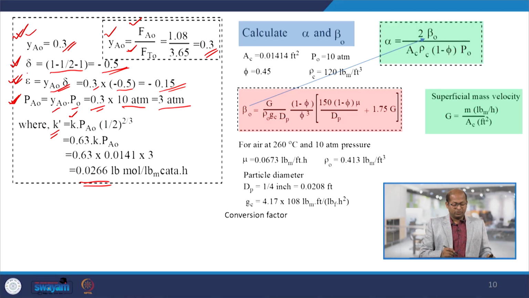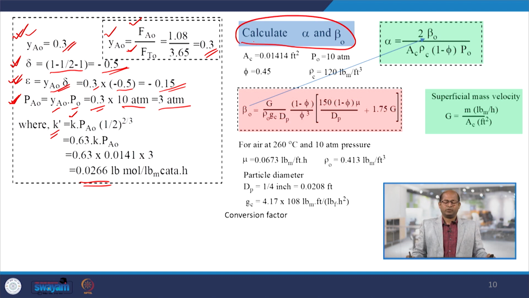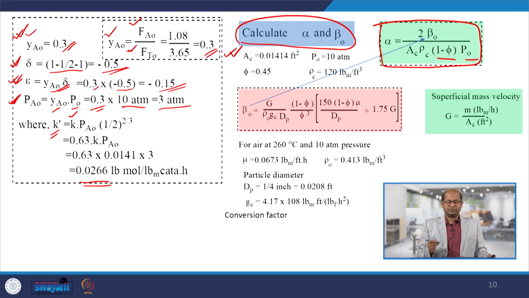Okay. Now we have to calculate the alpha and beta 0 values. The relationship we derived in our previous class is alpha equals 2 beta 0 divided by A c rho c (1 minus phi) P 0. A c is the cross-sectional area of the individual tube, which is given.